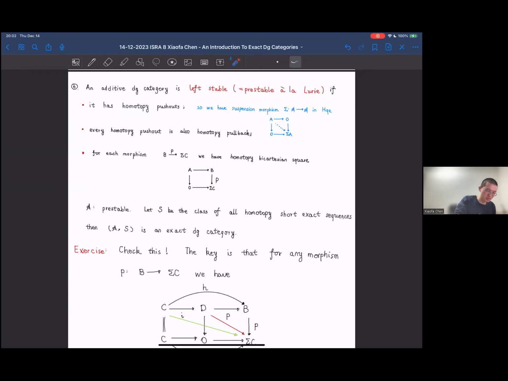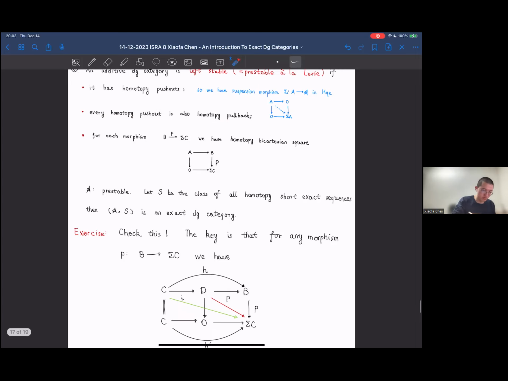And secondly, each homotopy push-out is also a homotopy pullback. This means that homotopy push-outs are homotopy bicartesian, but not every homotopy pullback is homotopy bicartesian.